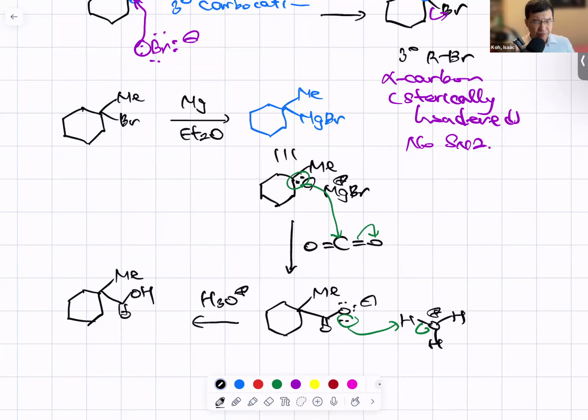We can change the nitrile group into carboxylic acid, but that has a limitation because nucleophilic attack precedes the acidic step. Nucleophilic attack is very favorable for primary alkyl halide, but for tertiary alkyl halide, the SN2 reaction cannot occur. So in this case, we have to use the Grignard reaction only.